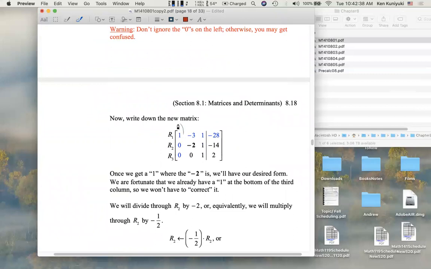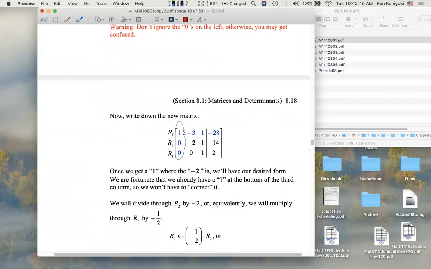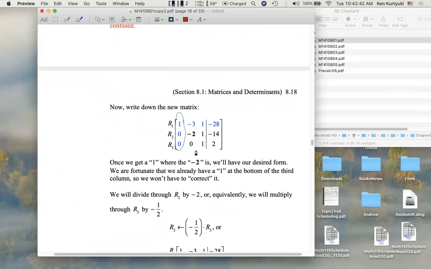So again, column 1 was good from a long time ago. We like the fact there's a 0 here, and we get lucky that there's a 1 there. But even if that weren't a 1, eventually we could divide through this row by it, if this were a 3, for example.